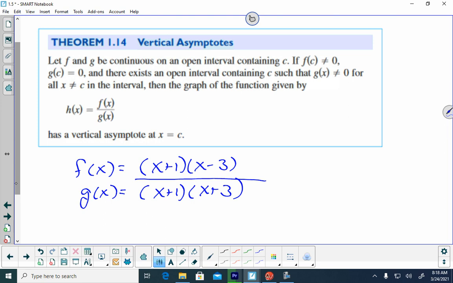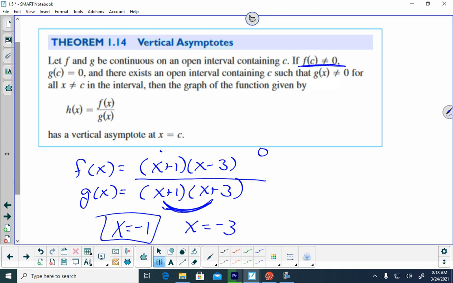There's two places where my denominator is equal to 0. One is when x is equal to -1. One is when x is equal to -3. Those are the two places where this denominator is equal to 0. If I put -1 into f of x, that's going to give me a 0 in the numerator. So that's what they're saying about your f of x.